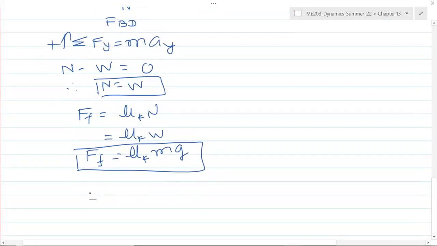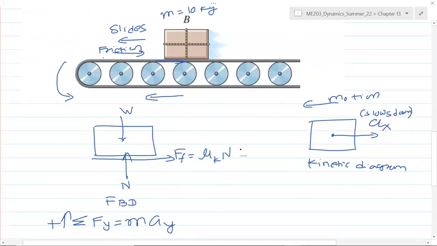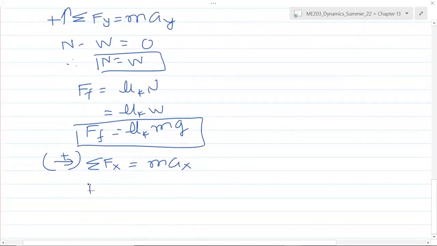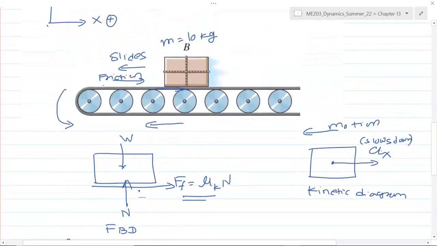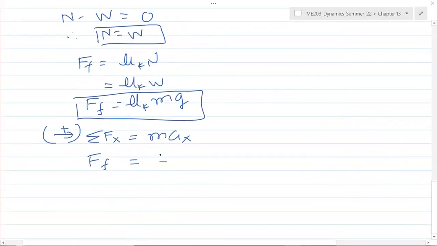The third equation is the sum of forces in x direction equal to mass times x acceleration, and we assume going right is positive. The only horizontal force from our free body diagram is the friction force, and that's acting in the right direction. So Ff is equal to m times ax, where the acceleration is also going right because the block is slowing down. Now we can substitute: mu k times m times g is equal to m ax.